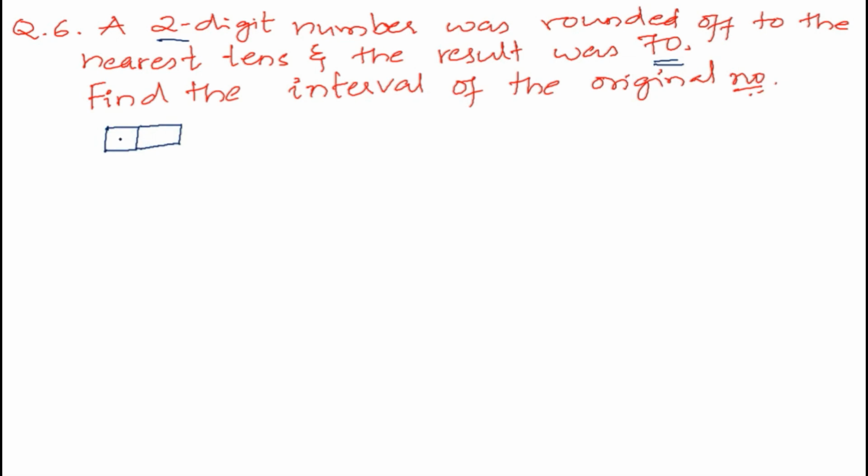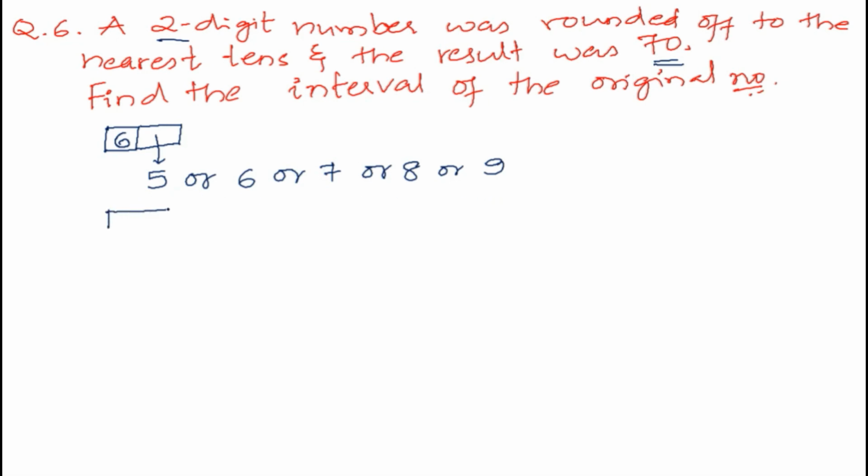This digit will be 6 and this digit can be 5, or 6, or 7, or 8, or 9. Isn't it? That is one possibility.